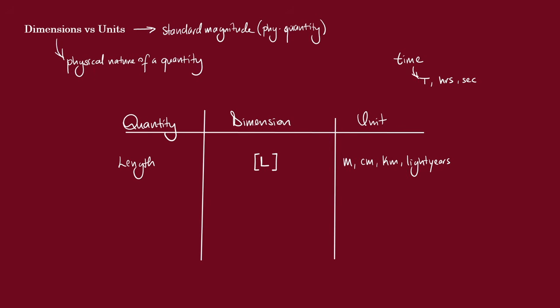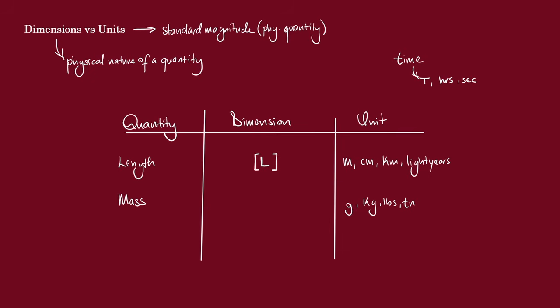Okay, there are different ways to sample a dimension. So let's finish this up first and we'll get into explaining that more in depth. So let's say mass. When we think of units for mass, you've got grams, kilograms, pounds, and tons, and so on and so forth.